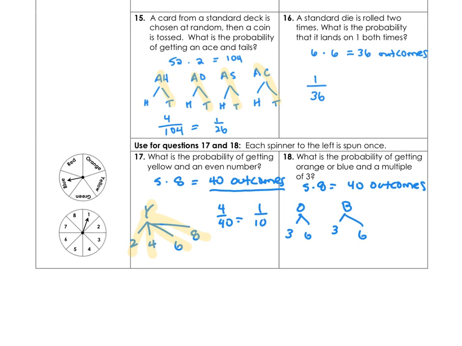So that means I have 1, 2, 3, 4 chances of that happening. So my probability here again is going to be 4 out of 40, which is 1/10. And again, I didn't have to do the red and the yellow and the green and the multiples of 3 because those aren't going to be anything that I would use, so I wouldn't end up even needing to connect them, right?